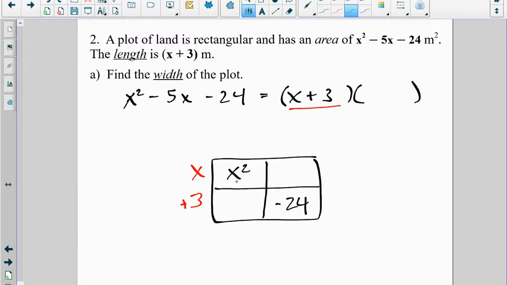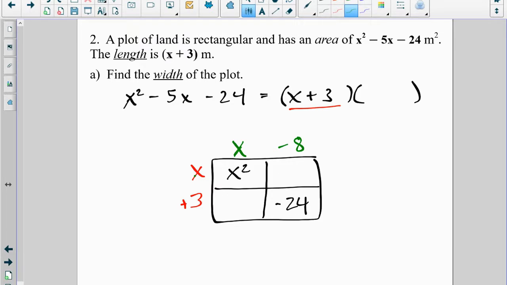Well, knowing that I have x squared in that first box, that's got to be x times x to give me x squared. And then knowing that I have negative 24 in the last box, can we figure out what that number is up above? Well, it's got to be 3 times something that equals negative 24. So in other words, negative 24 divided by 3 is negative 8. So 3 times negative 8 is negative 24.